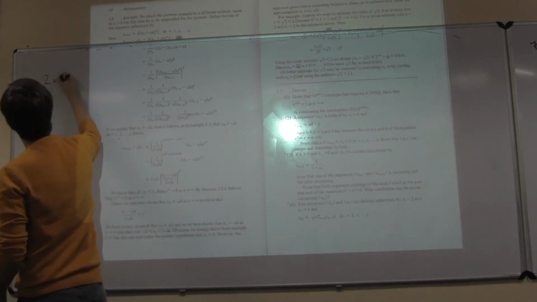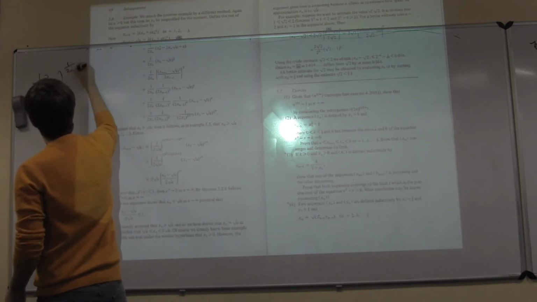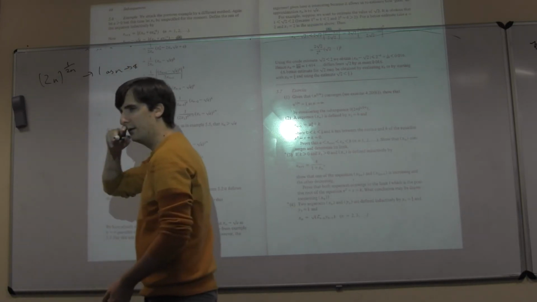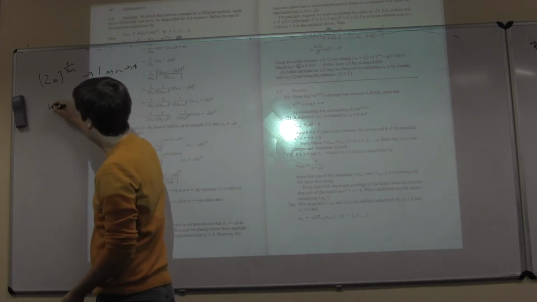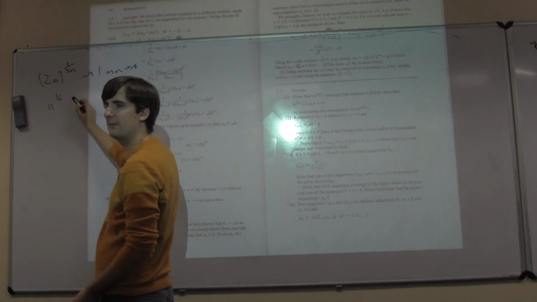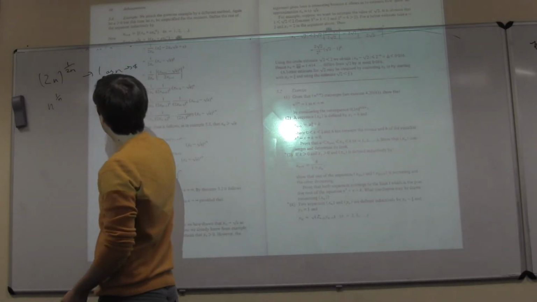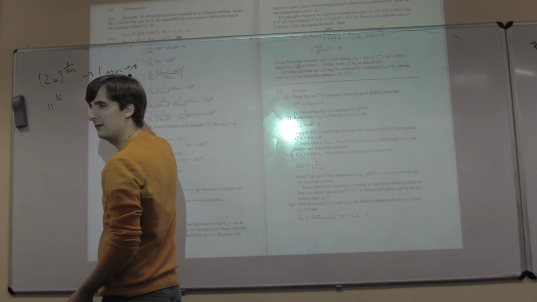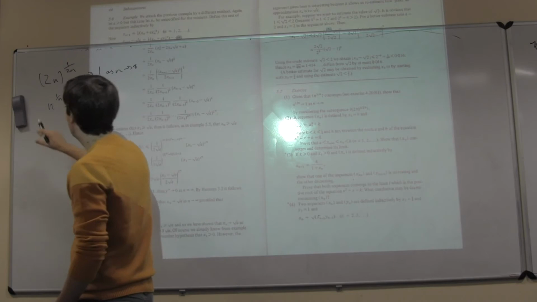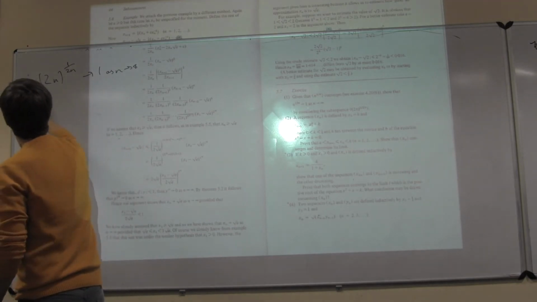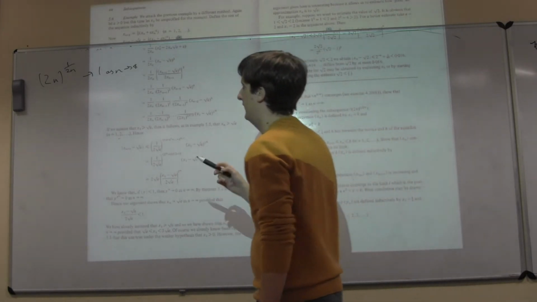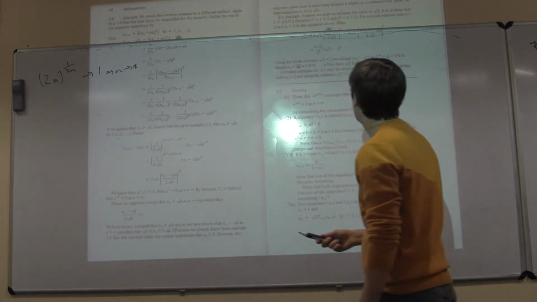If we can show that (2n) to the power of 1 over 2n tends to 1 as n goes to infinity, then as this is a subsequence of n to the power of 1 over n, all of the even terms, this also must tend to 1. So by considering a subsequence which is easier to work with, you can prove that a sequence converges.